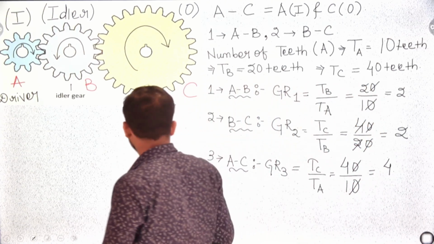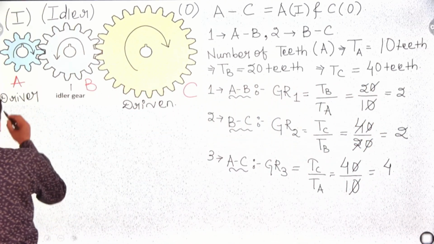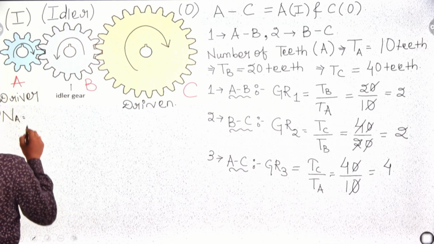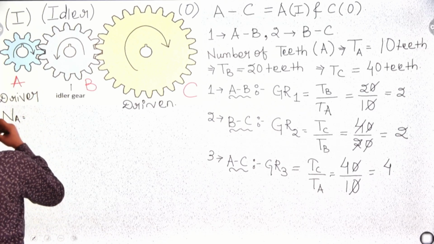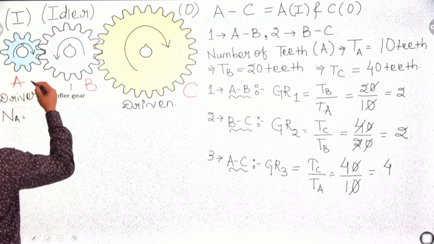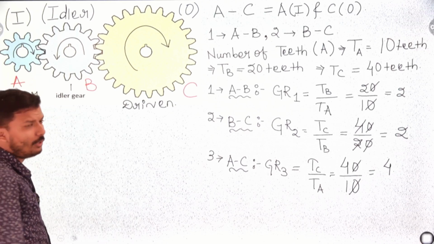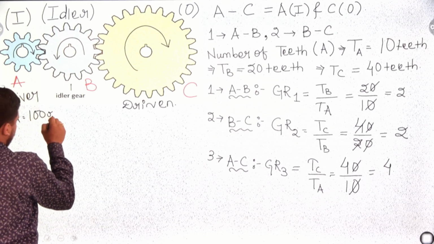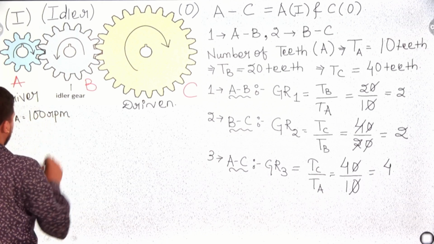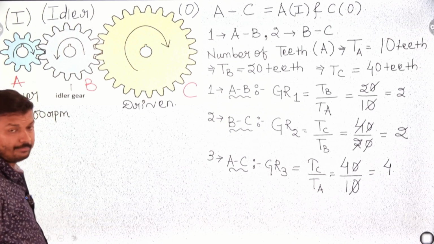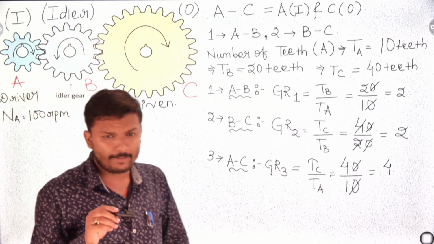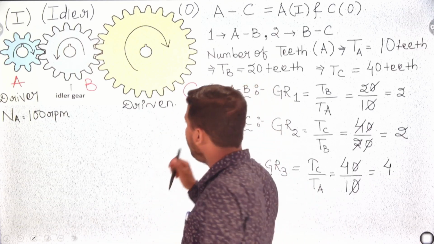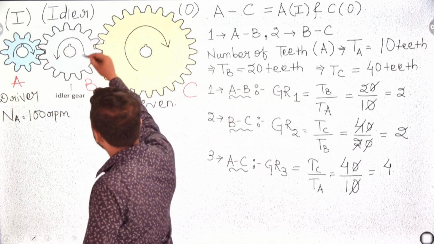So according to that concept, let's take NA, the speed of this, take the highest speed, make it 100 RPM. Let's take NA as 100 RPM. Then if NA is 100 RPM, how are we going to get the B value and the C value?